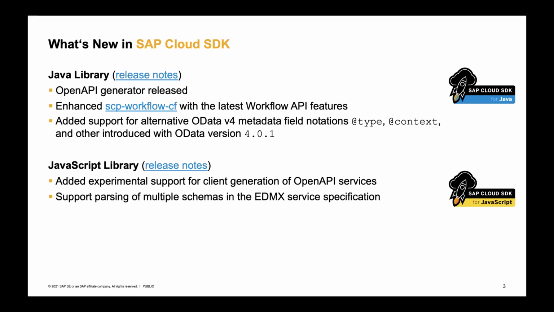Other than that, we delivered the new SCP workflow client library. You know that the workflow is one of the services that delivers its client library together with the Cloud SDK, so that you can use it out of the box with the new version.